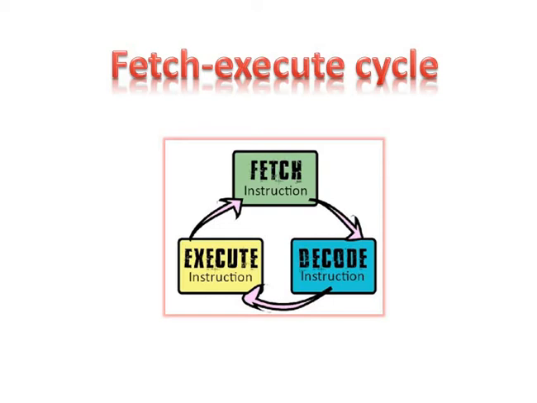The CPU will fetch an instruction from the memory and it will be decoded. Now the fetch instruction is totally related with the memory. CPU will fetch the instruction from the memory and then it will be decoded. Who will decode it? The decoders using the control unit will decode the instruction.